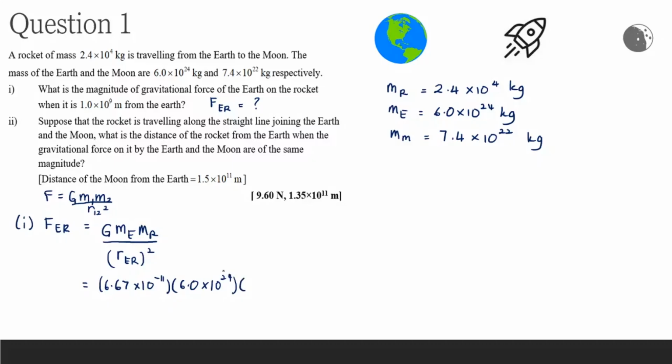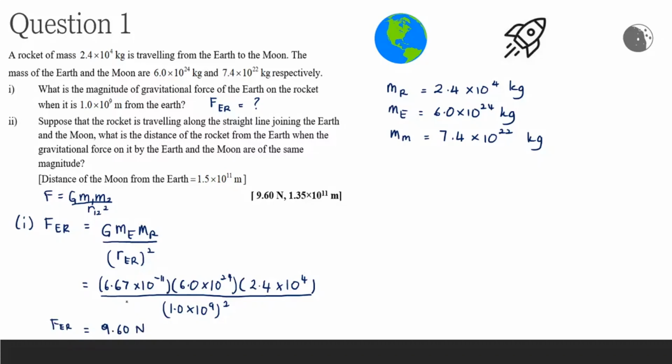Mass of rocket, way lighter than the Earth, divided by RER is 1.0 exponent 9, then square. Plug in these numbers into your calculator and you'll find that FER is 9.60 Newton.